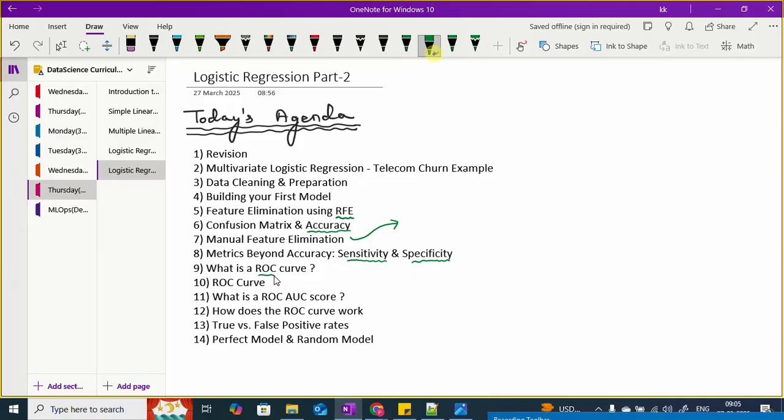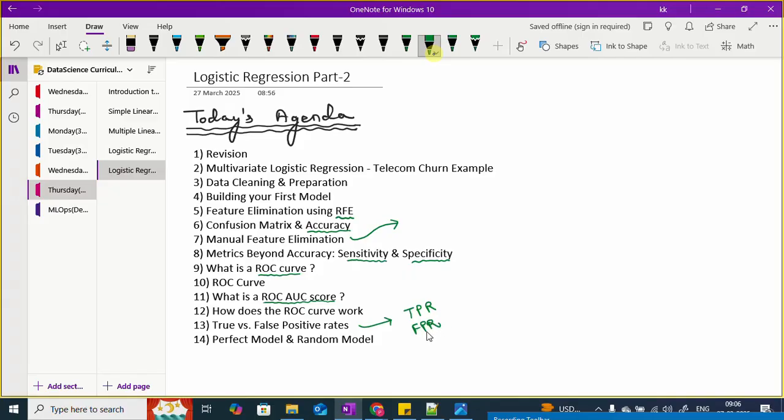We'll see what the ROC curve is, then what the ROC AUC score is, and how the ROC curve helps us, how the ROC curve works. Then we'll talk about true positive rate and false positive rate, TPR and FPR.